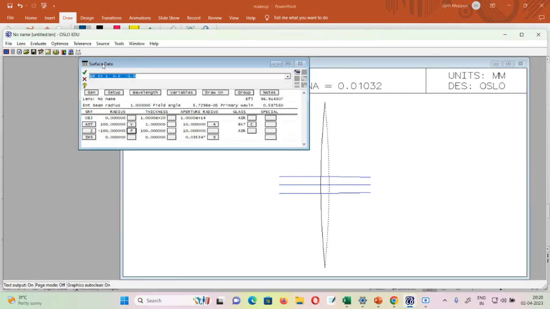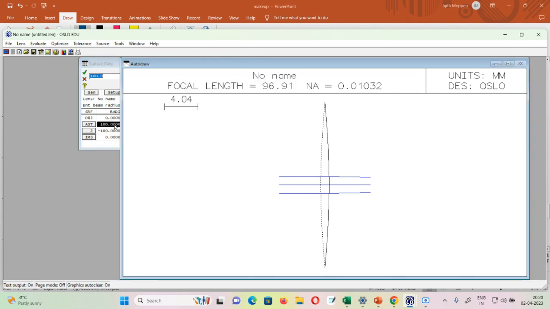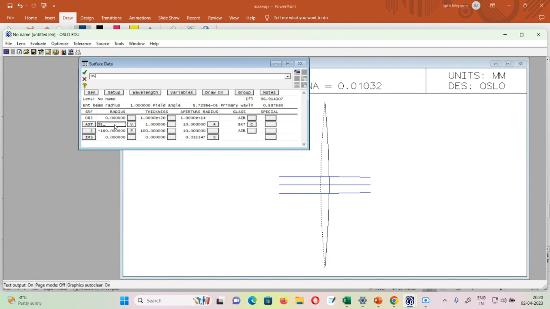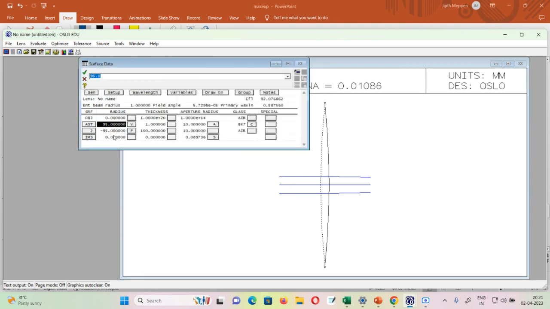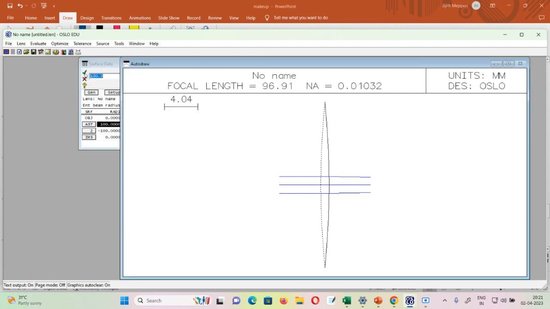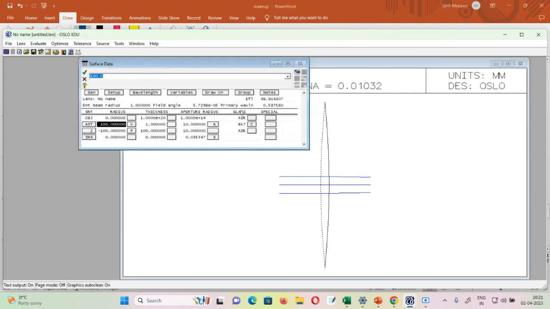Whatever surface it is picking up here, you can see that if I change it to 95, the other will become minus 95. Okay, so I am putting 100. Now I want my effective focal length of my lens to be 100.